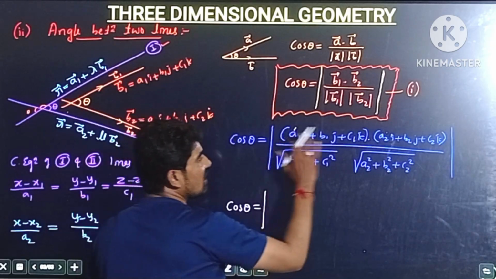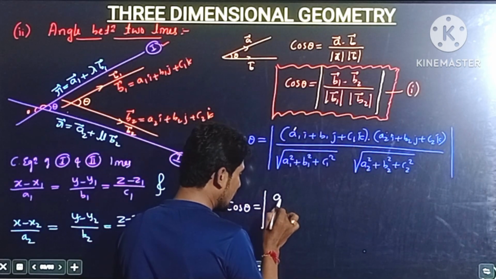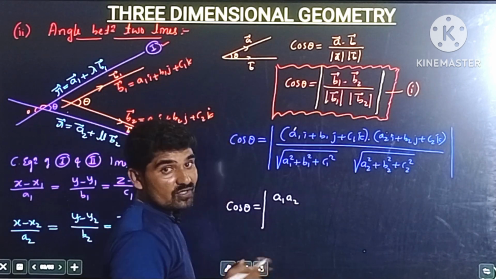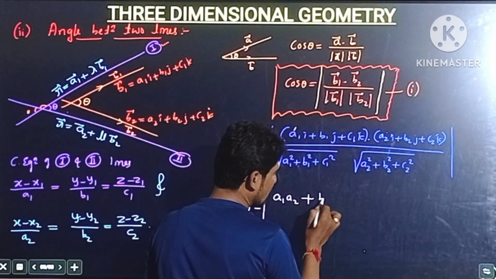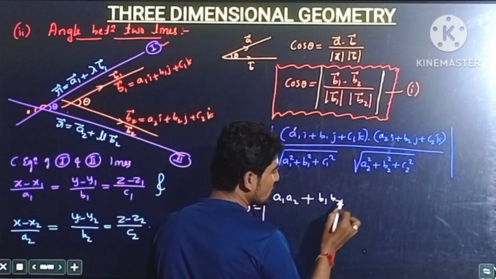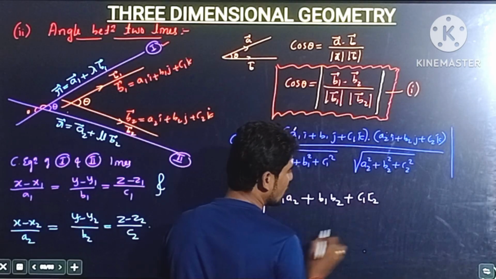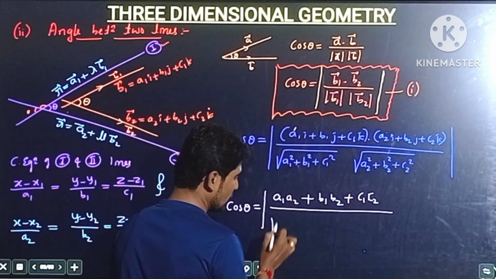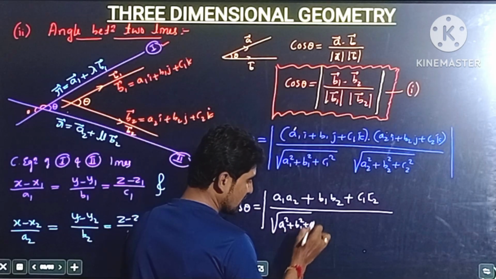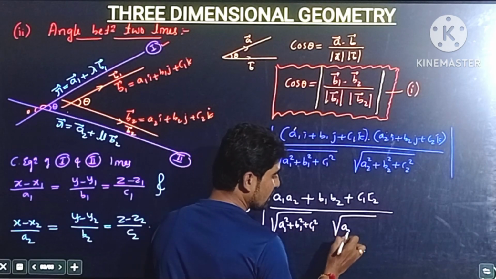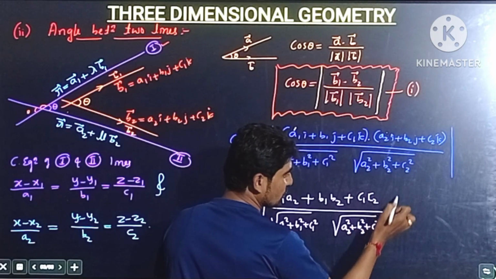It means the dot product is a1 a2, because i dot i equals 1, plus b1 b2, and j dot j is also 1, plus c1 c2, and k dot k is also 1, divided by the square root of a1 square plus b1 square plus c1 square into the square root of a2 square plus b2 square plus c2 square.